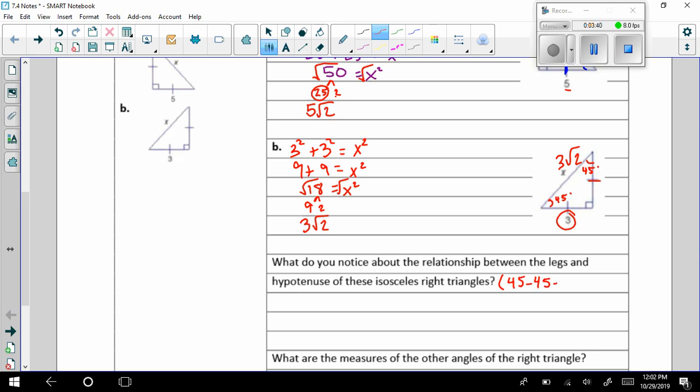Every right isosceles triangle is a 45, 45, 90 triangle. The hypotenuse is equal to the leg length times the square root of 2.